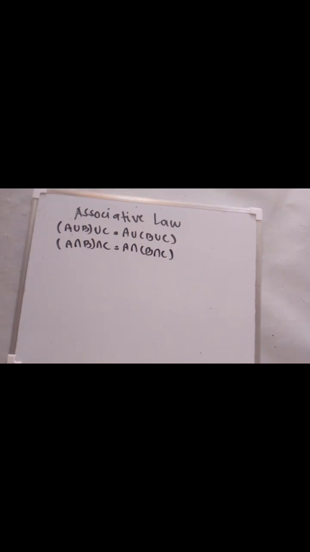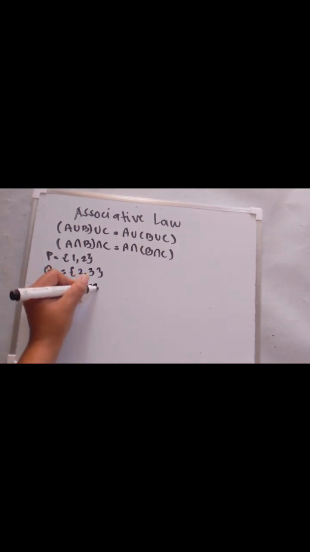For example, let P be the set 1, 2, 3, set Q be the set 2 and 3, and set R be the set 3 and 4. The first expression is P union Q, then union R. P union Q, combining P and Q without repeating, is equal to the set 1, 2, and 3.